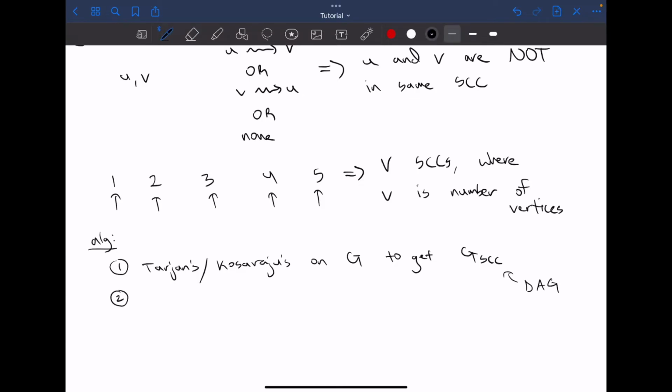So, after we have the graph of strongly connected components, since each vertex in that graph corresponds to a strongly connected component, we have to check if there are V vertices in the graph of strongly connected components. How do we do that?